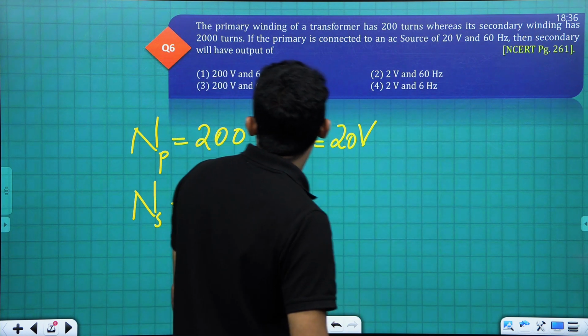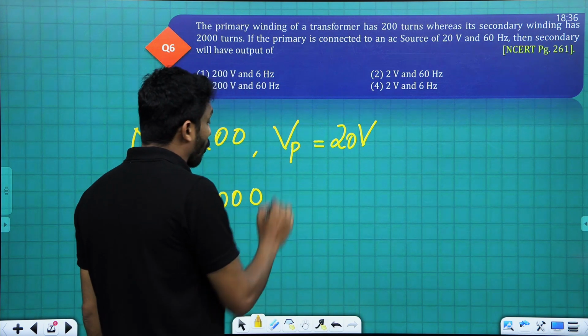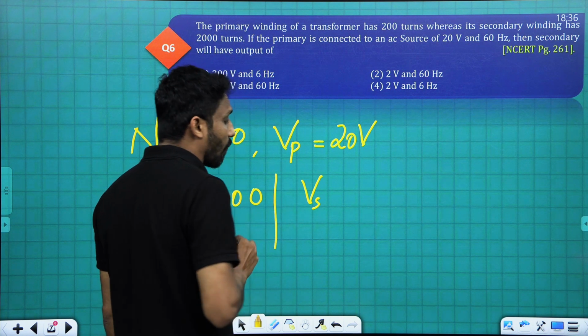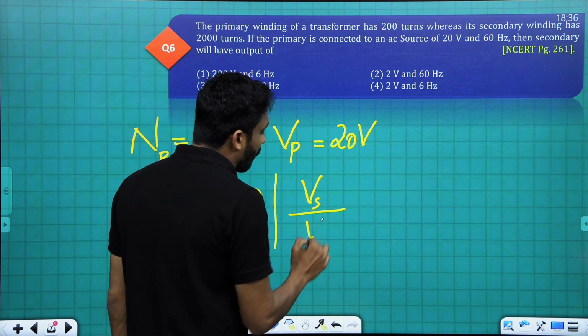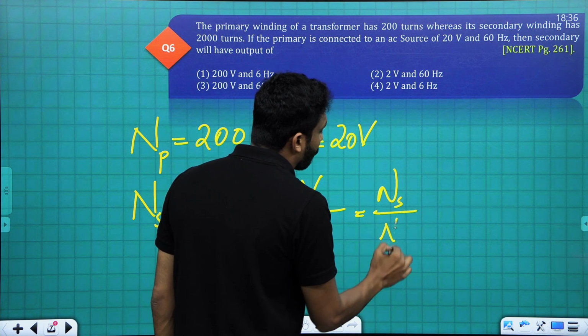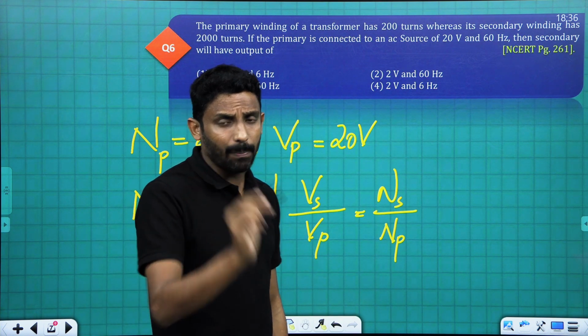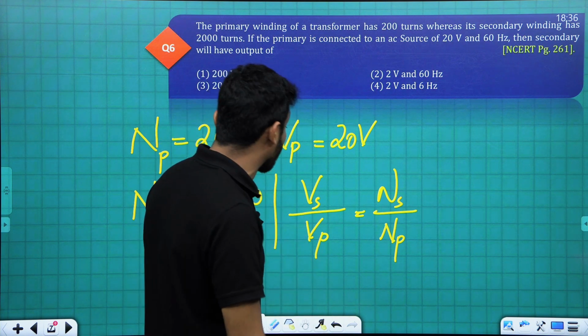Then the secondary will have output of, what will be the secondary voltage? We have the expression of Vs by Vp. Vs by Vp is equal to Ns by Np. Turn ratio of a transformer, Ns by Np, is equal to Vs by Vp.